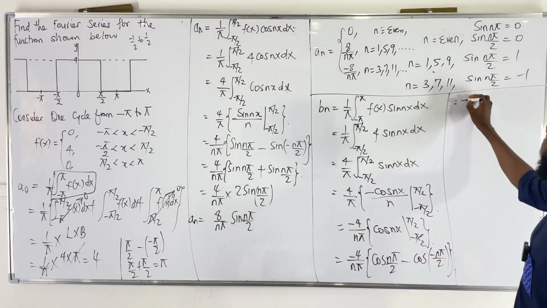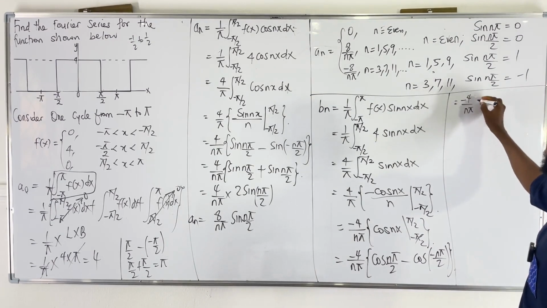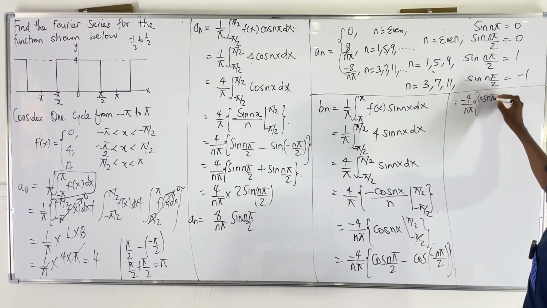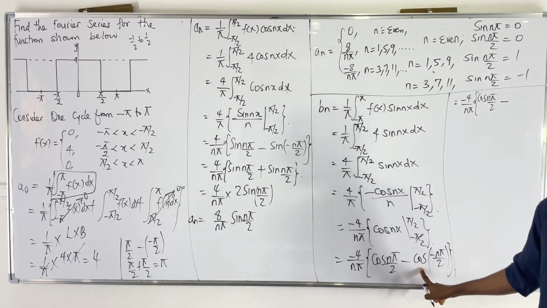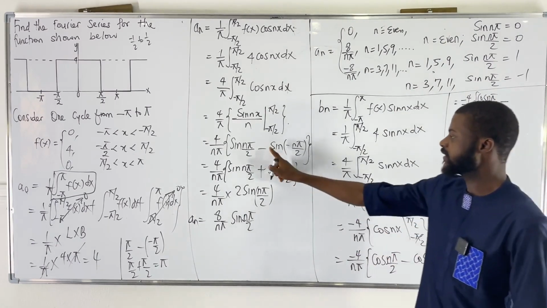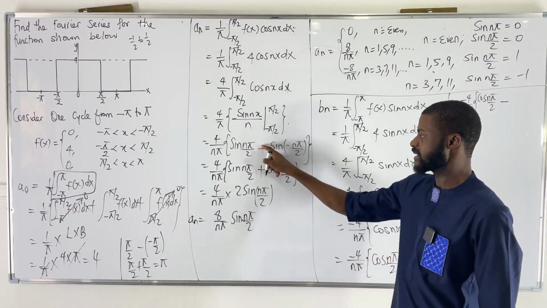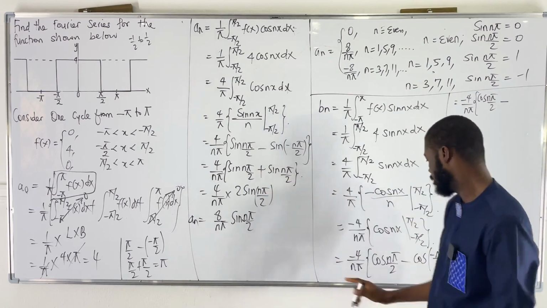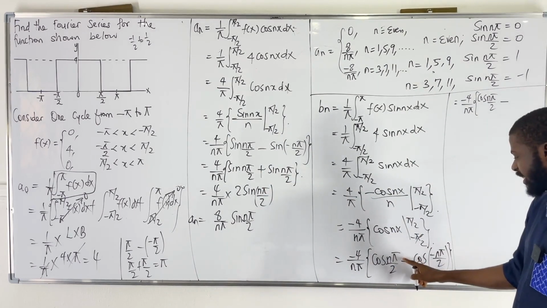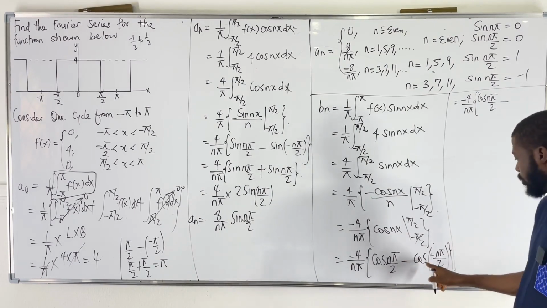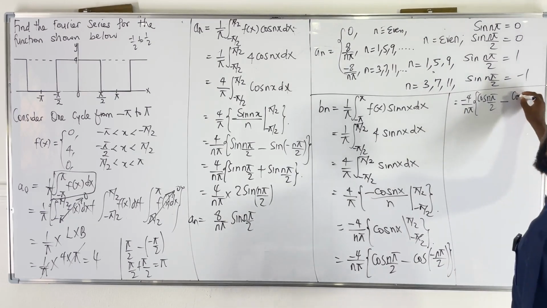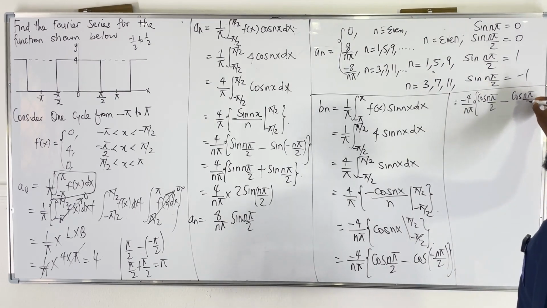Remember that for cosine, the minus does not come outside. When it's sine, the minus can come outside because sine is an odd function. But the minus cannot come outside for cosine because cosine is an even function, so the minus is the same as when it is positive. So this will just remain cos n pi over 2.